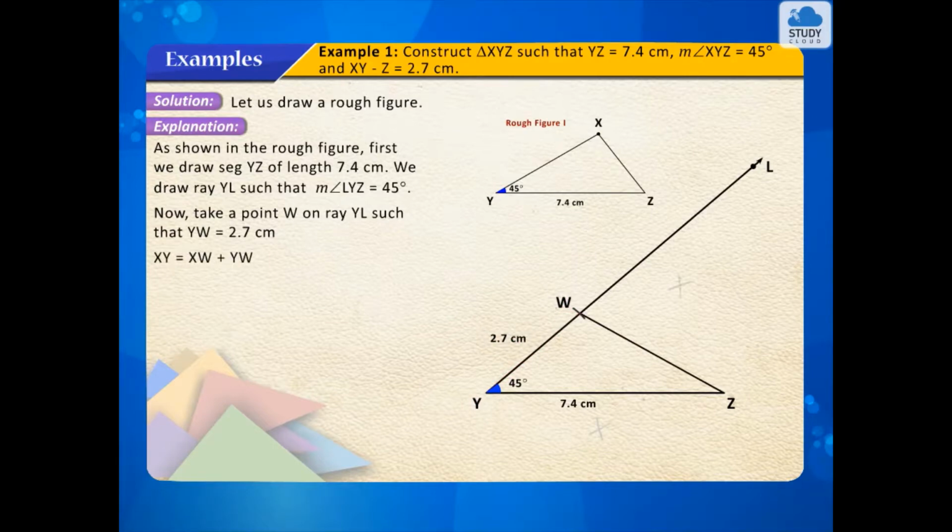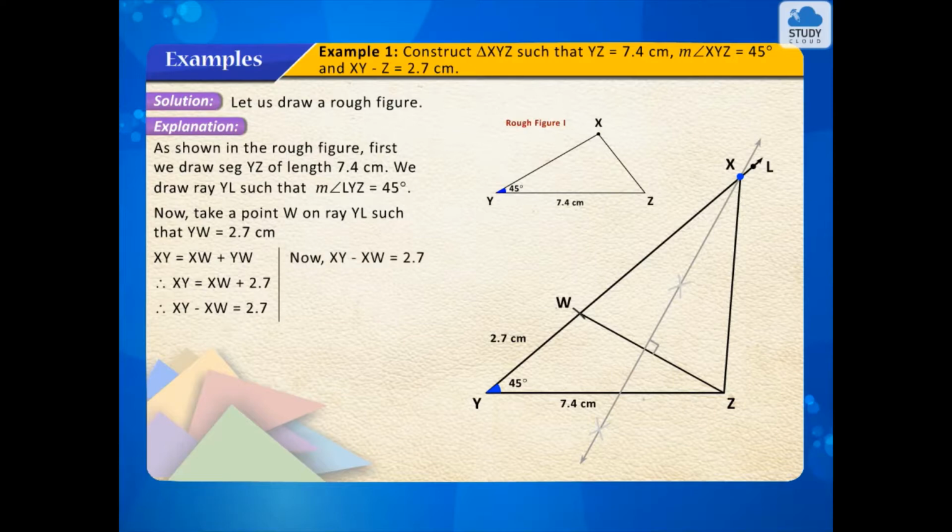Segment XY is equal to segment XW plus segment YW. Therefore, segment XY is equal to segment XW plus 2.7. Therefore, segment XY minus segment XW is equal to 2.7. Now, segment XY minus segment XZ is equal to 2.7. Therefore, segment XY minus segment XW is equal to segment XY minus segment XZ.